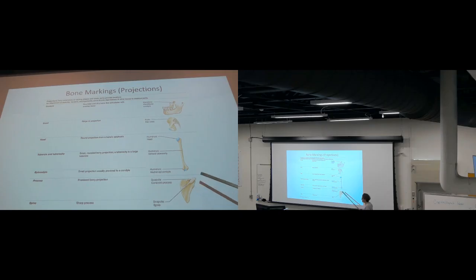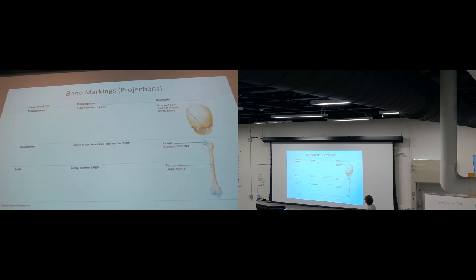So here we have also in the scapula, the spine of the scapula, which is easily felt when you just start touching your upper back. Okay, that bony projection that you feel there, that's the spine of the scapula. It's a sharp process.